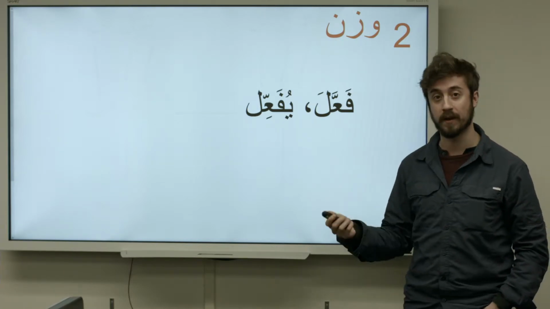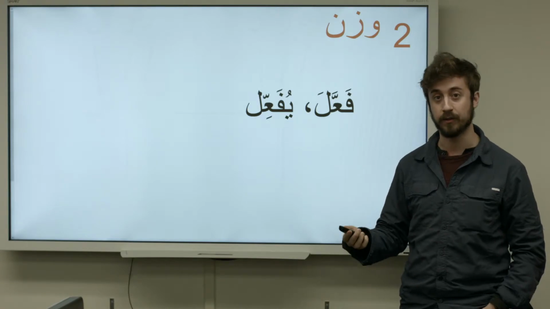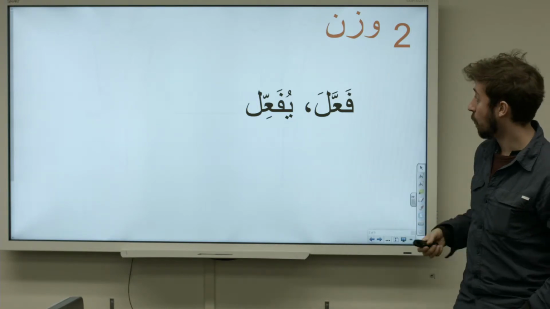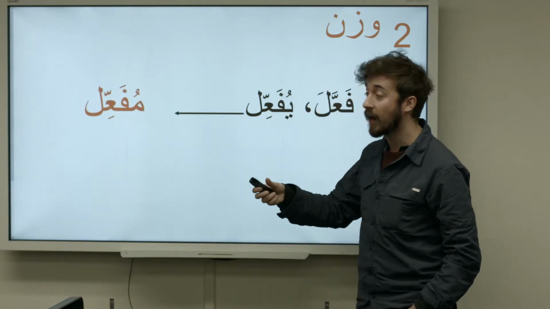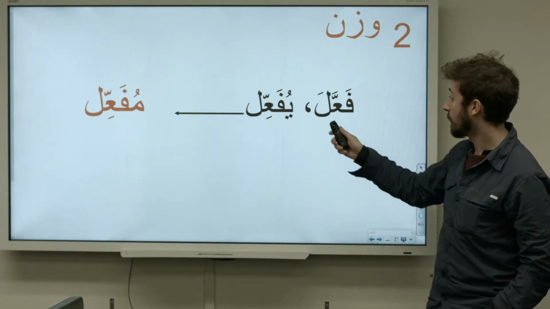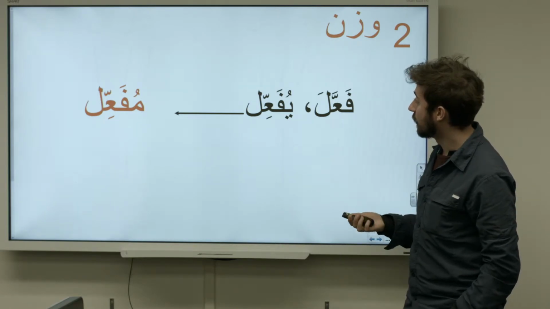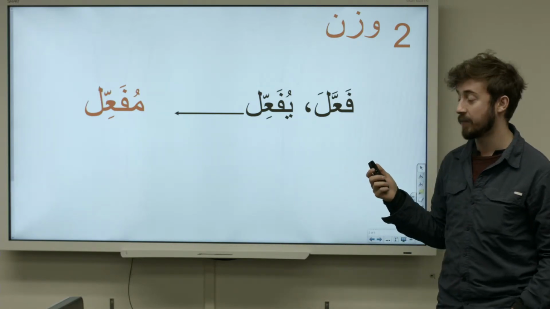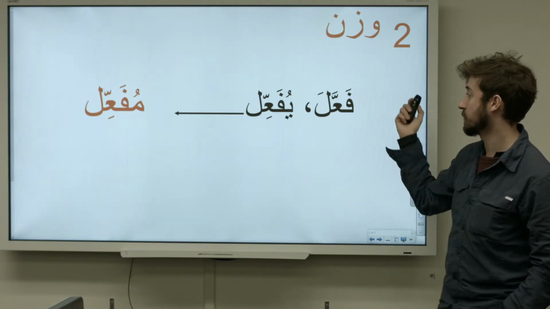So what's the corresponding ism fa'il pattern to wazn 2? Well, this pattern is mufa'il. So yufa'il, mufa'il. And luckily it happens to rhyme, so that's a really easy way to remember this one.